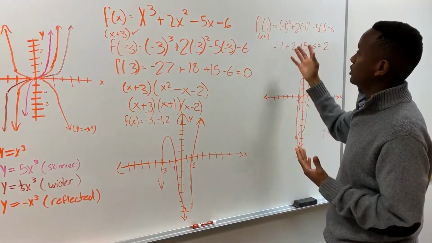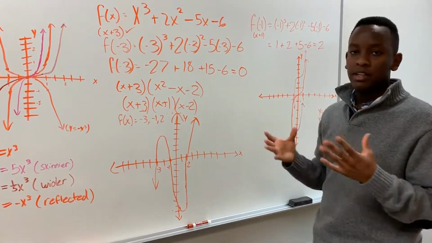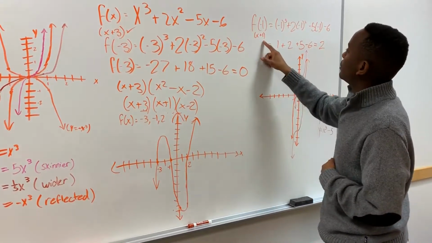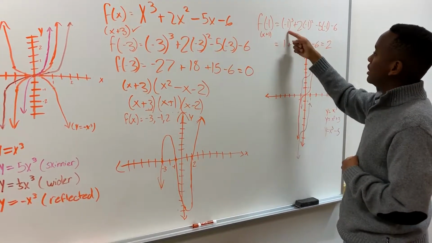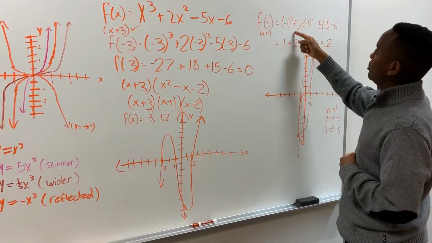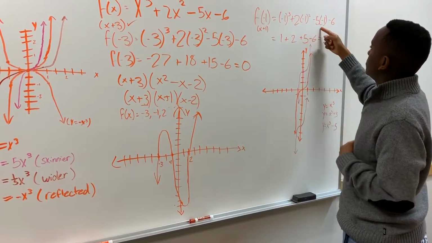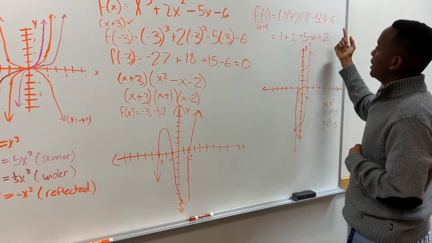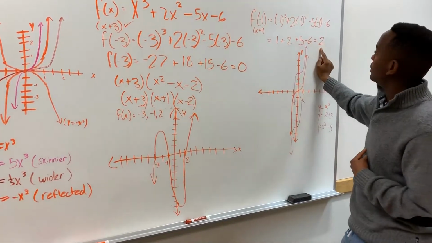You plug that into the equation, and to see if it's an x-intercept, it would have to equal 0. So you plug it in and get -1 cubed plus 2 times -1 squared minus 5 times -1 minus 6, and it gives you that. So it's not equal to 0.